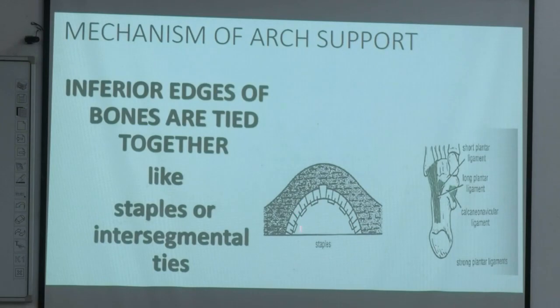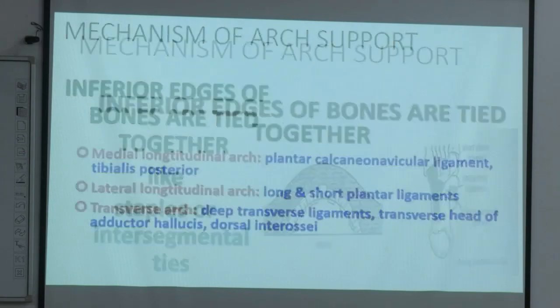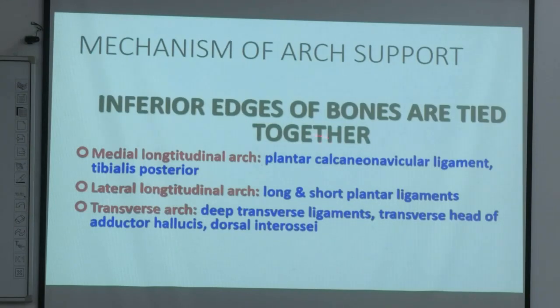These are the intersegmental ties for this bridge. And for the arches, the short plantar ligament, long plantar ligament and calcaneonavicular ligament are all acting as staples. Next, now the inferior edges of the bones are tied together by these ligaments.